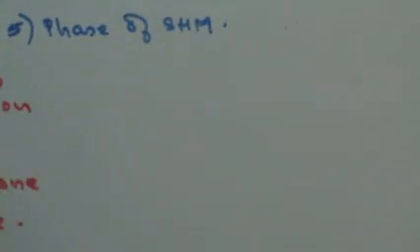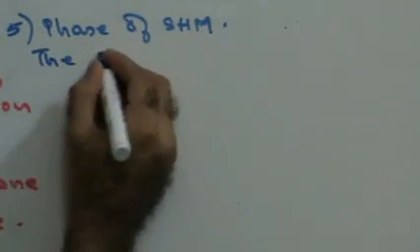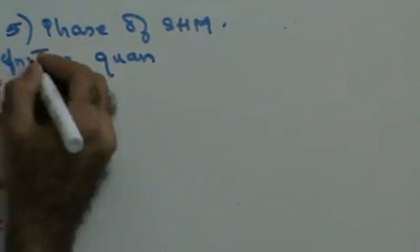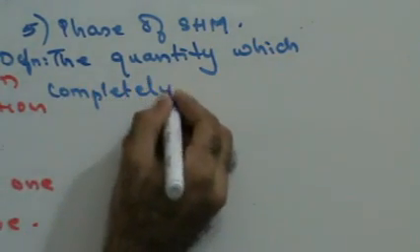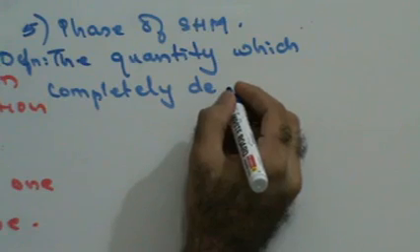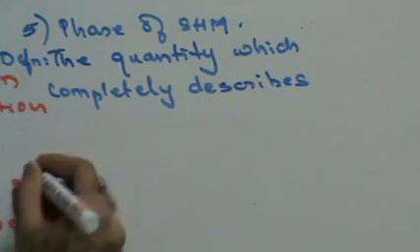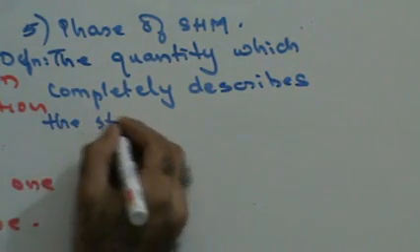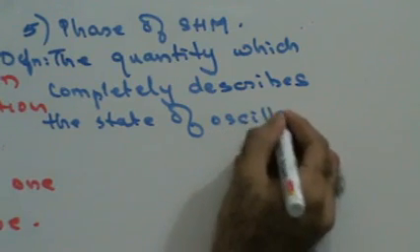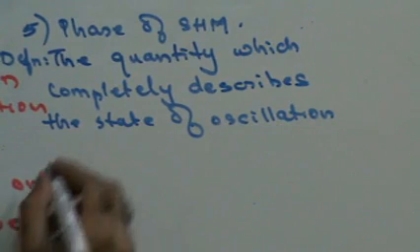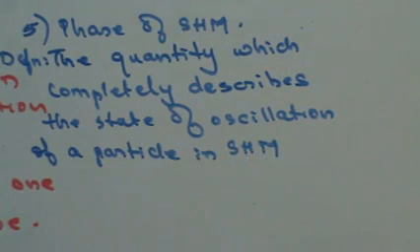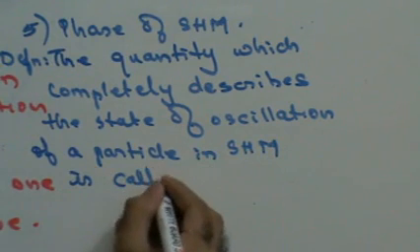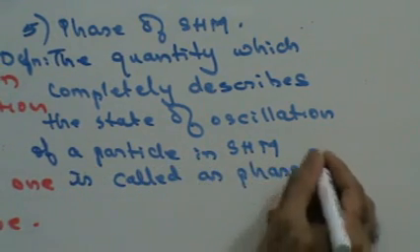I can say that the quantity, definition-wise, which completely describes the state of oscillation of a particle in SHM is called phase of SHM.